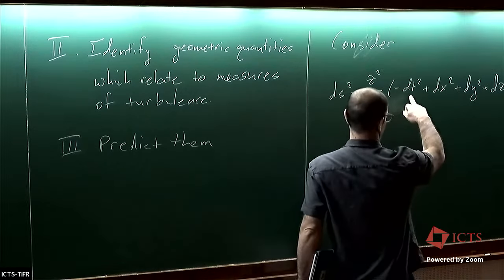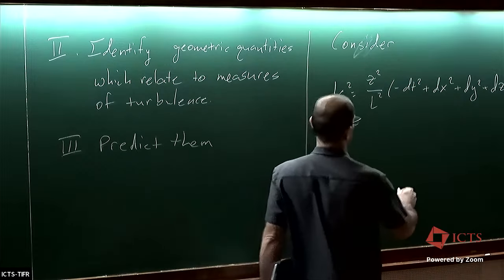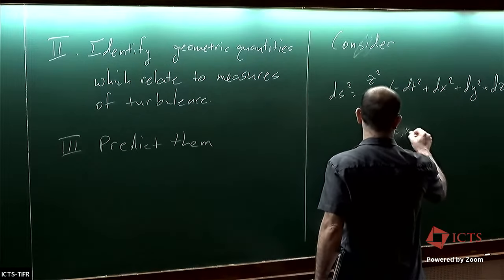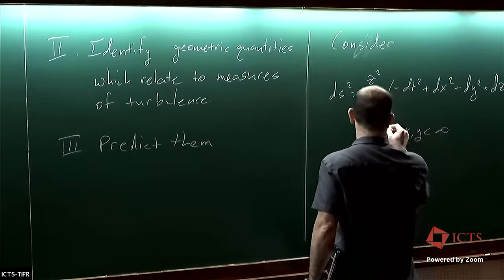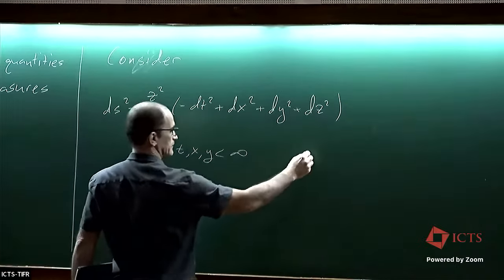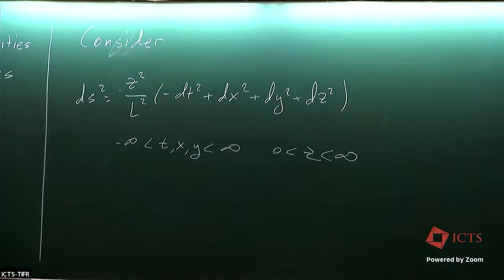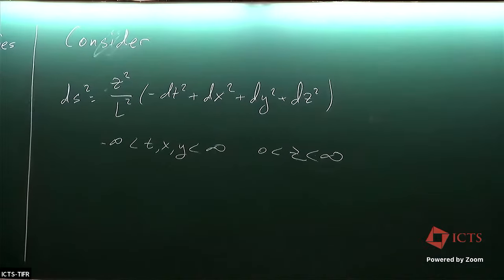And I have here coordinates t, x, y, and z. t, x, and y go from minus infinity to infinity, and you can see that the z coordinate is special: it goes from 0 to infinity.